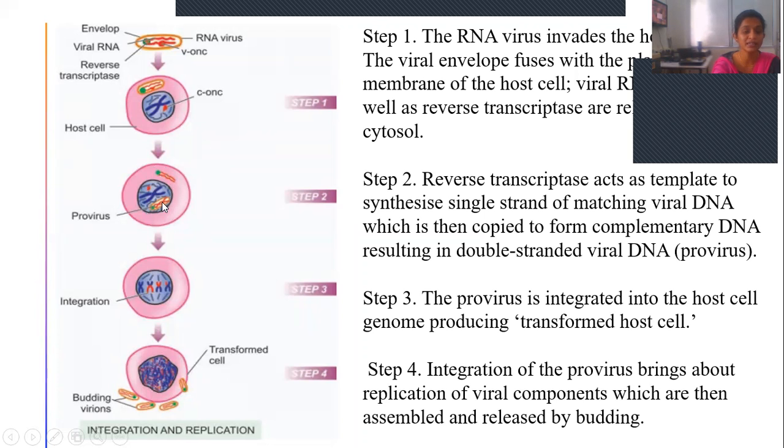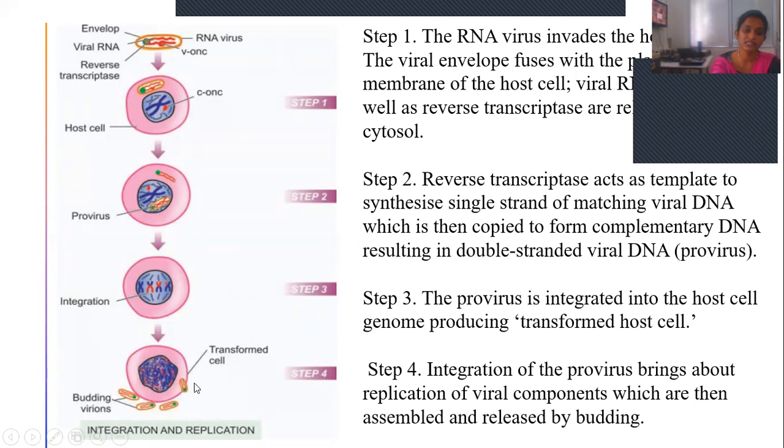Once it undergoes integration, only then does it start replicating. When it undergoes replication, it forms mutated cells. Also, with the help of certain genes like the GAG gene, Pol gene and envelope gene, newly formed budding virions will be produced.